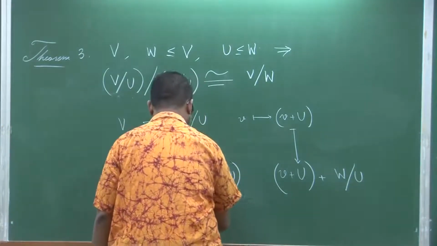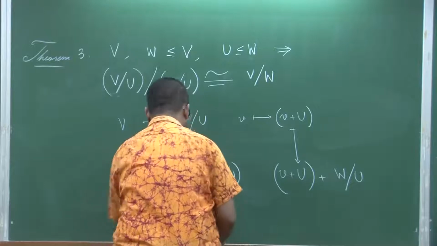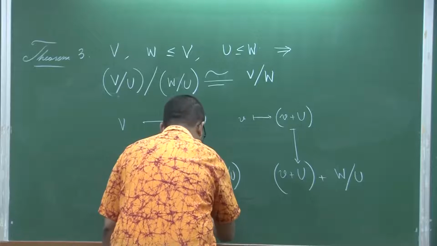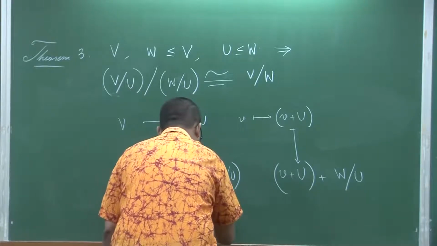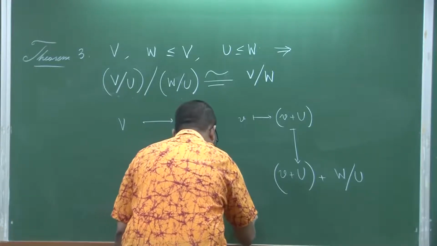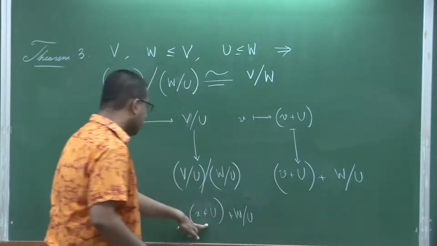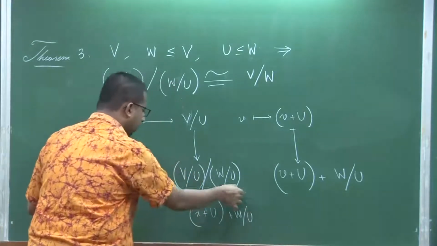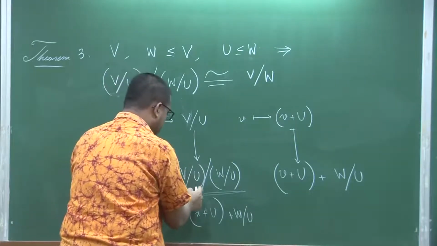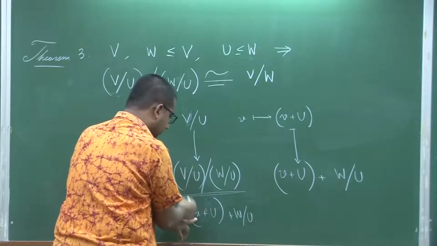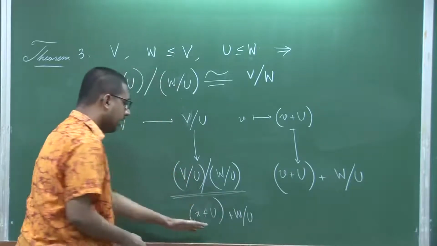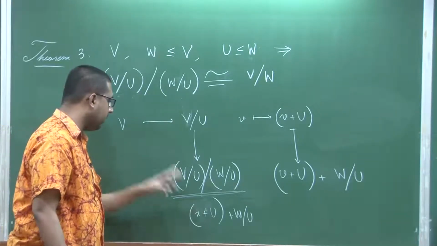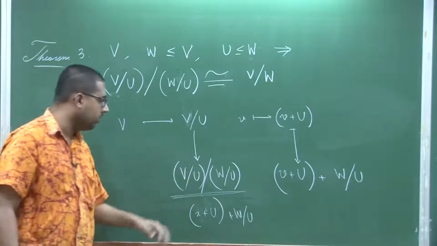First of all, it has to be of the form some point in V mod U, say v plus U, plus the subspace W mod U. A typical point looks like x plus U, where x lies in V, and therefore, you can see that this is the image of the point x in V. So, this is an onto linear transformation.